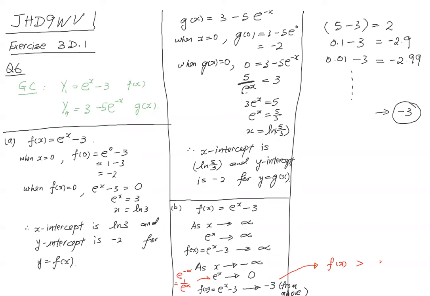If I interpret, I will say f(x) will not go below negative 3. In the exam, I can also ask you this type of question, like yesterday we have done.